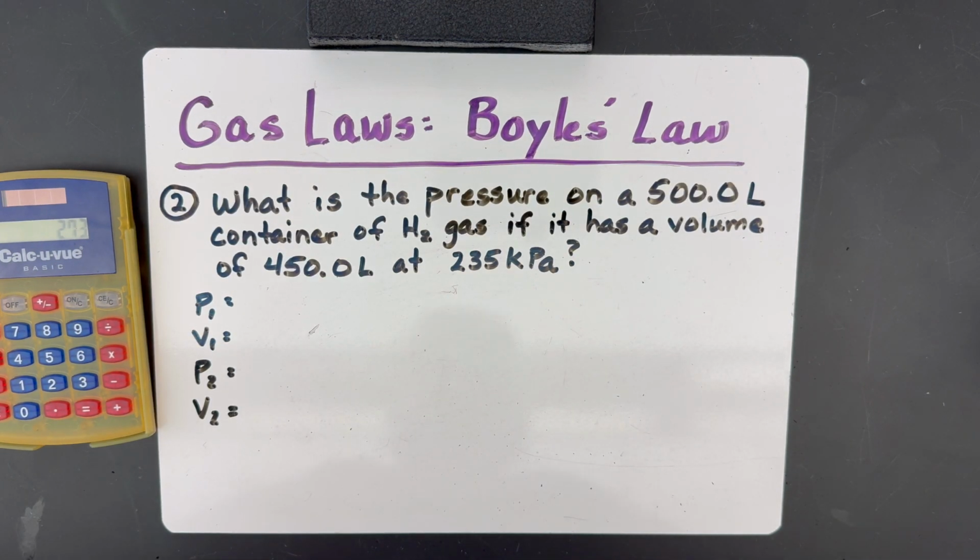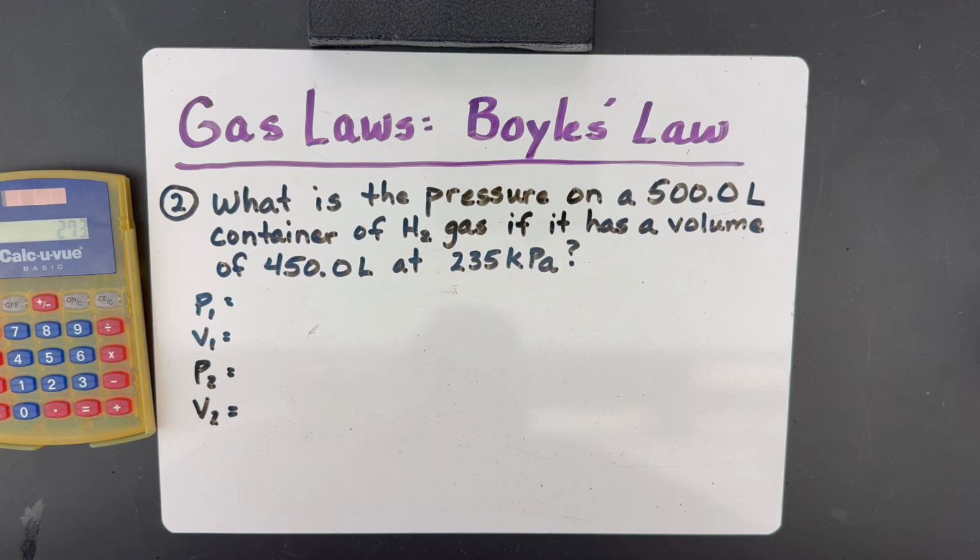Let's look at another problem. This one's asking, what is the pressure on a 500-liter container of hydrogen gas if it has a volume of 450 liters at 235 kPa, kilopascals. So kilopascals are another measurement of pressure, just like atmospheres was in the last problem.